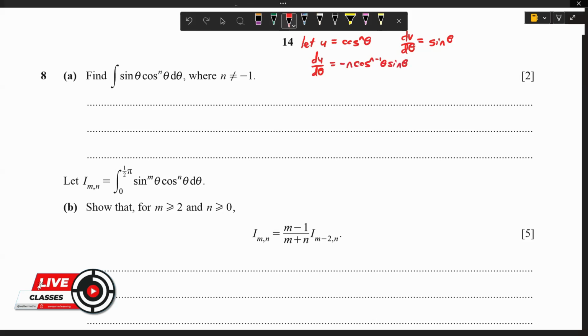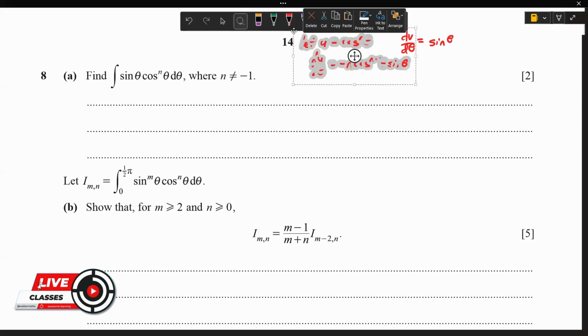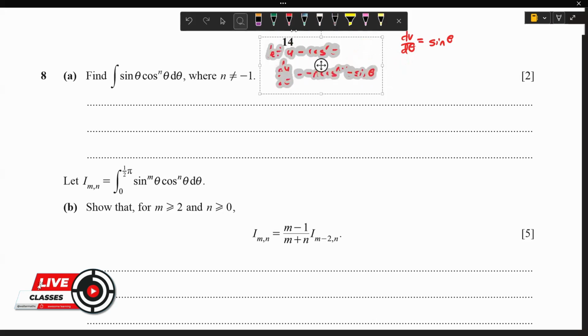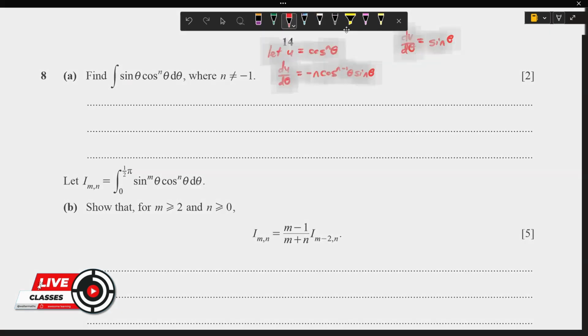All right, so that's what we'll be having. And we'll also be having here v being equal to integrating sine theta, we get minus cos theta.